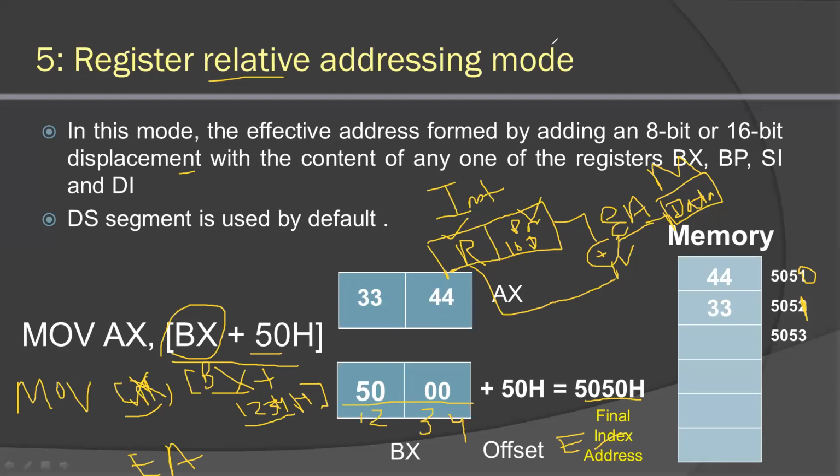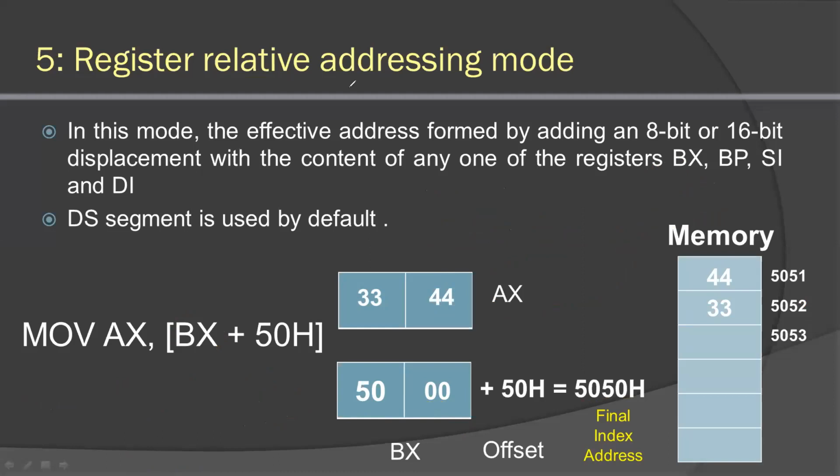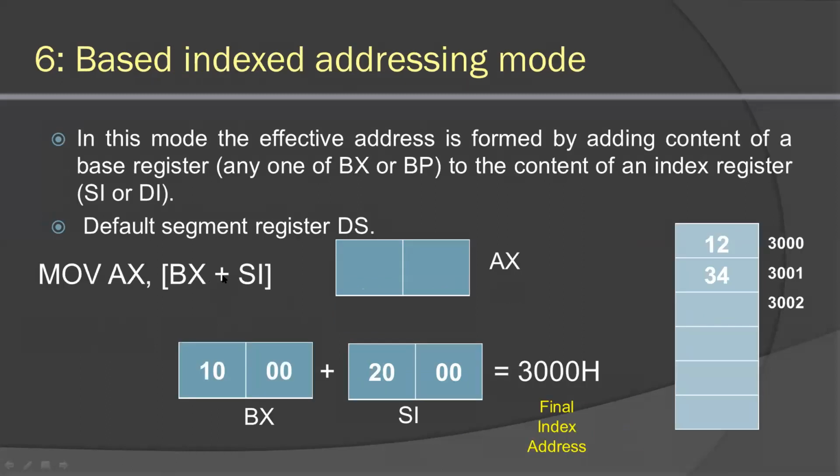So next addressing mode. Next addressing mode is based index addressing mode. Based index addressing mode, as the name suggests, means one value will be stored in base register and one value will be stored in index register.